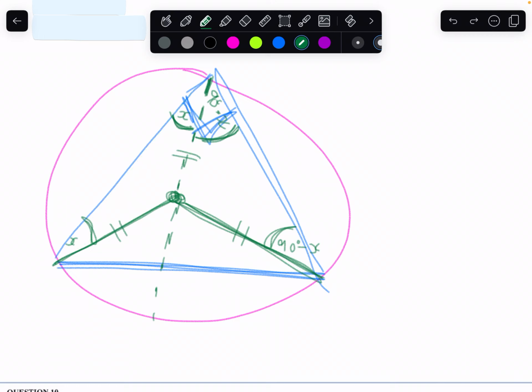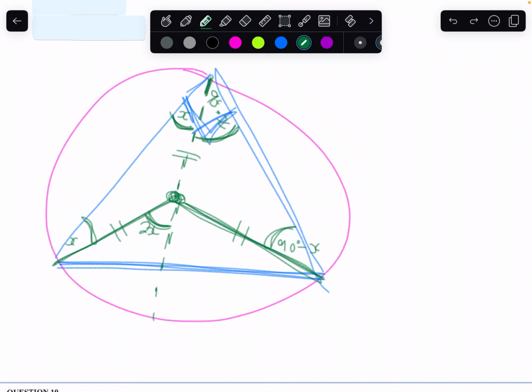Okay, then we also know that this angle over here is an exterior angle, right? Again, if we look at this triangle, this is an exterior angle, which is equal to these two added together. Okay, so this will be 2x, right? And then similar reasoning if we look at this triangle instead.